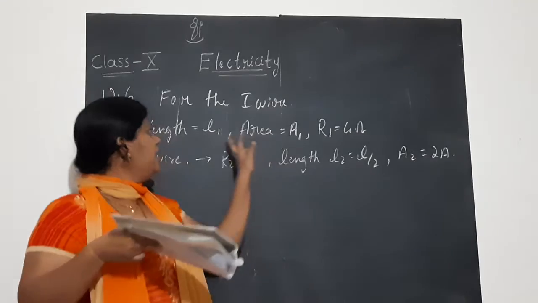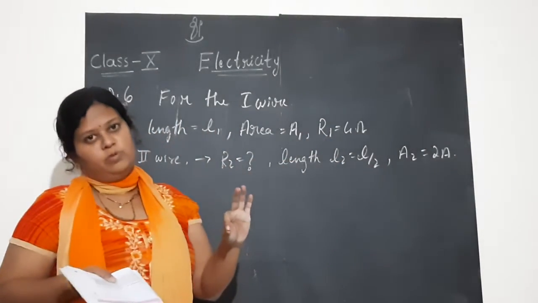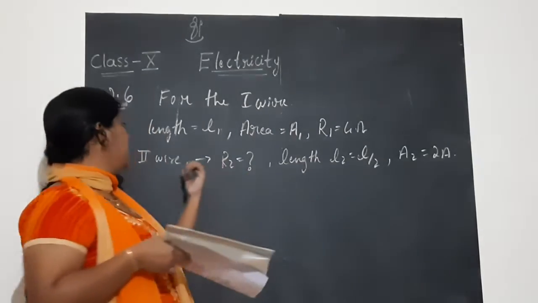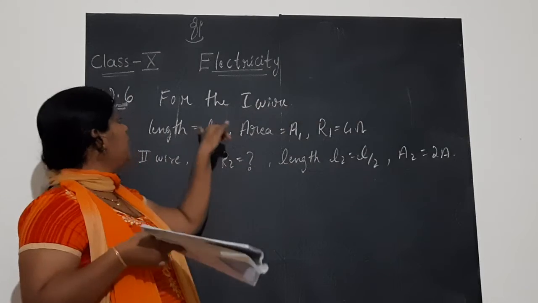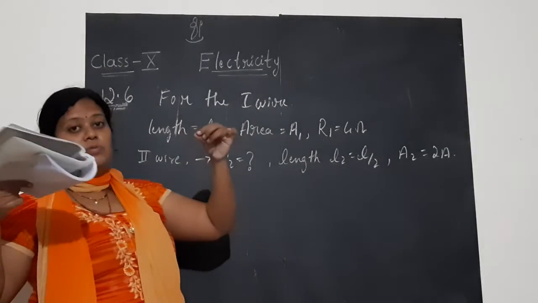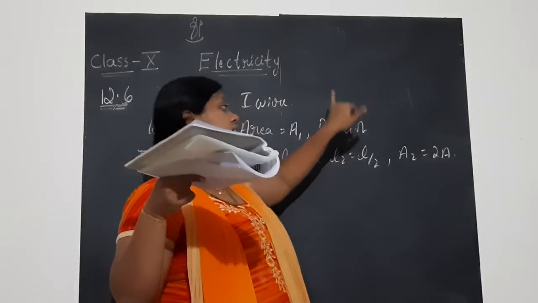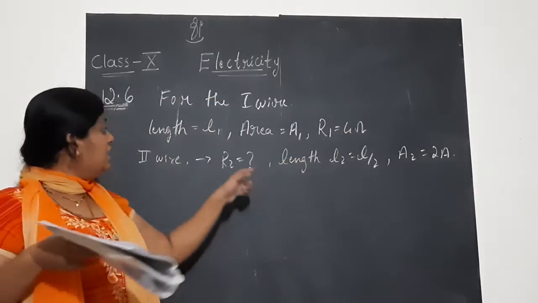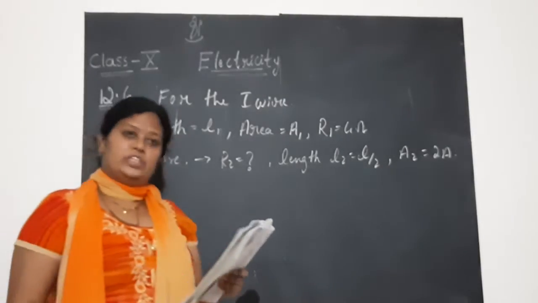One wire is having length L1, area of cross section A1, and its resistance is 4 ohm. One more manganese wire is there whose resistance we don't know. Its length is L by 2, means half the length of the first manganese wire, but its area is twice that of the first wire. In that case, what will be the resistance of the second wire is the question.